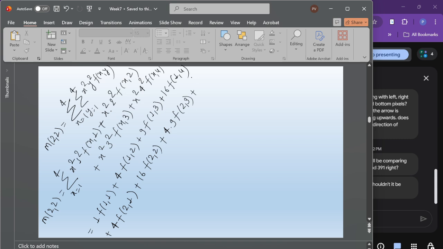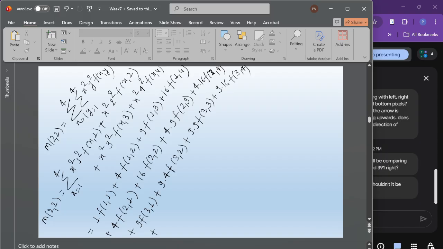And here again 4 into 16 f24. Similarly, for x is equal to 3: 9 f31 plus 9 into 4 f32 plus 9 into 9 f33 plus 9 into 16 f34.